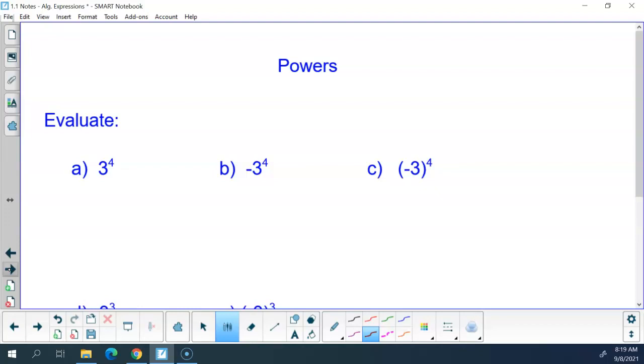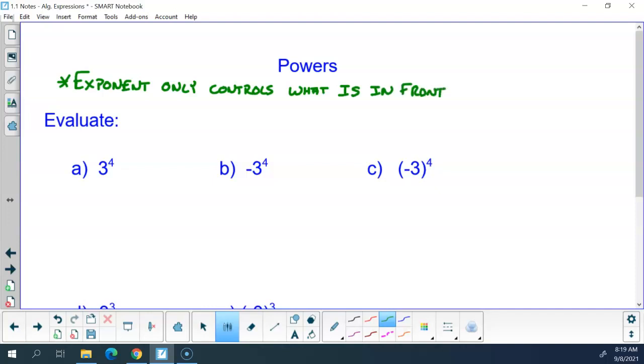Powers. The kicker when we are dealing with exponents and powers is that the exponent only controls what is in front of it.